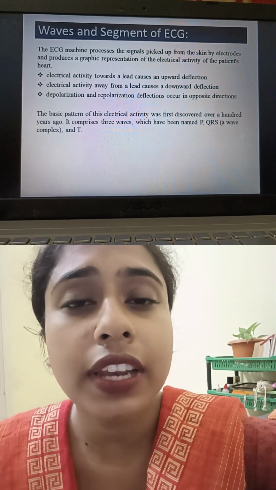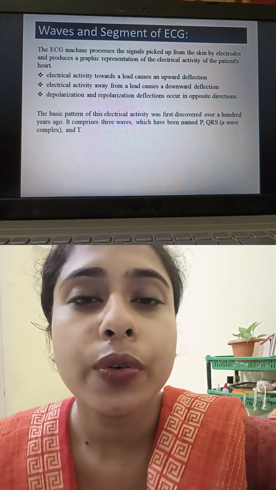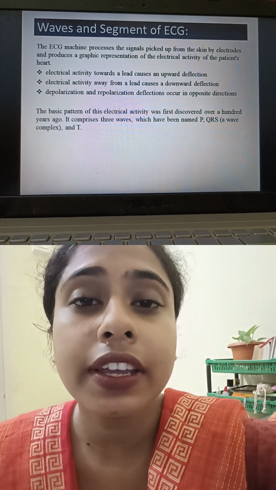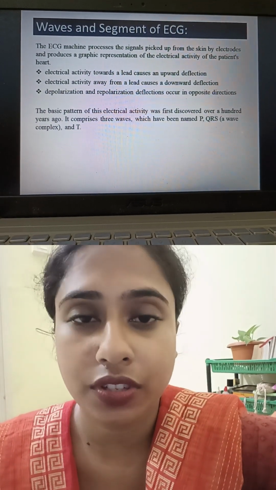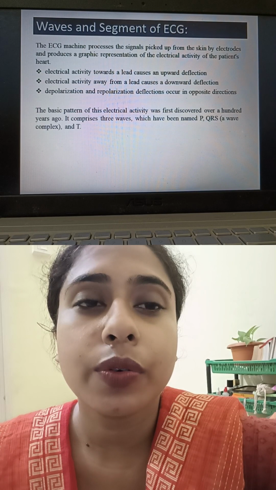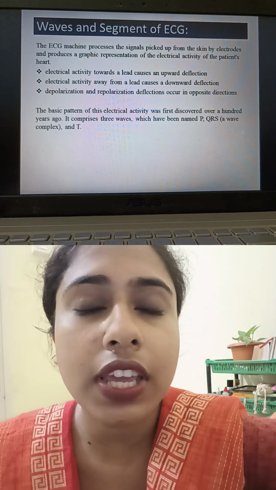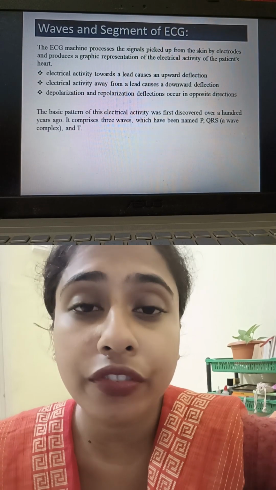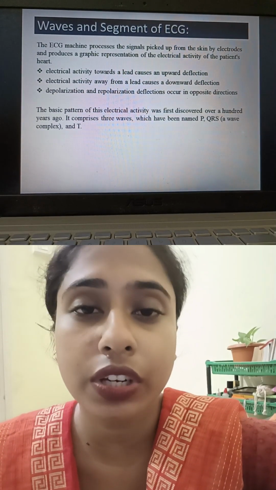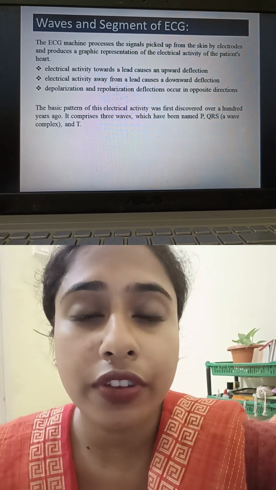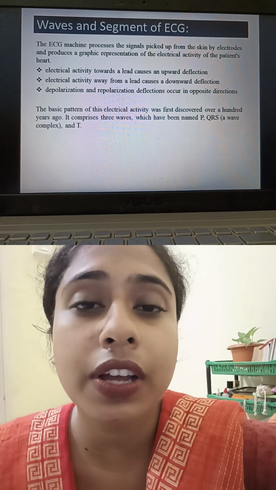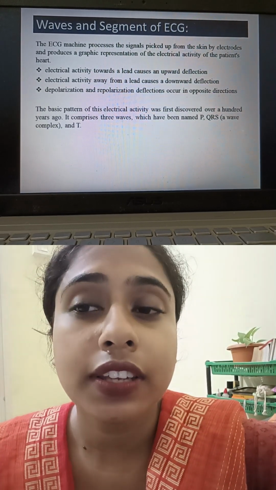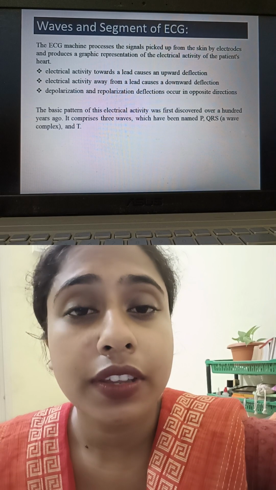If you see any patient's ECG report, you will see graphical representations on it. Those will help us to detect if there are any pathological conditions, or whether the heart is working well or not.